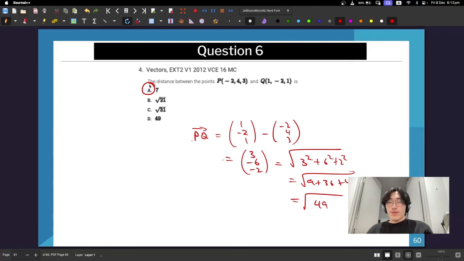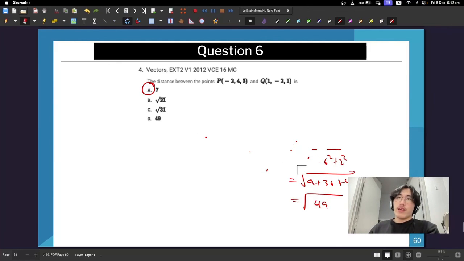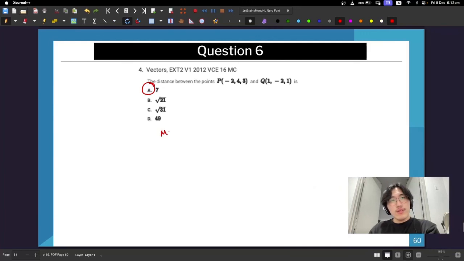Okay, I'm happy to stop our lecture there. I really hope this lecture has been helpful for you. Just to summarize really quick what we've learned for today. We went through a short revision on MX1, so Maths Extension 1 vector revision. We learned about dot product in 3D.